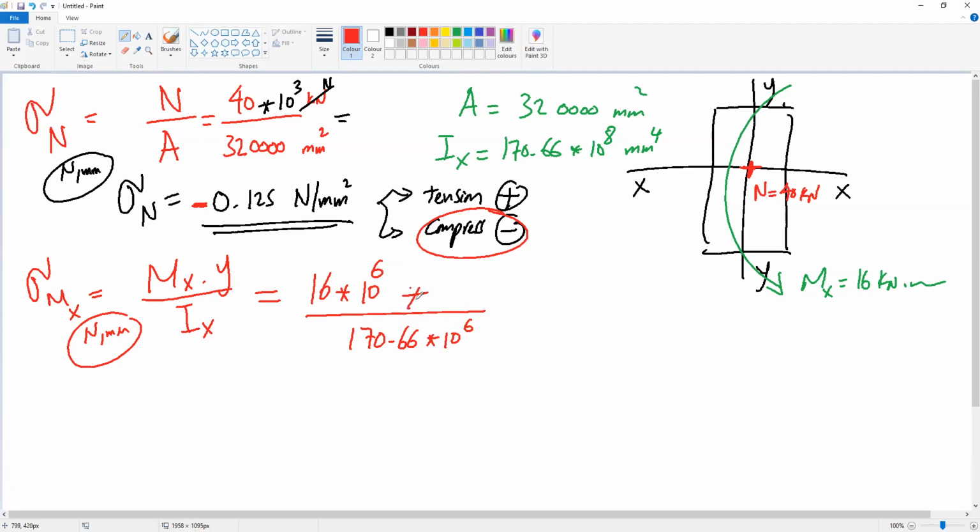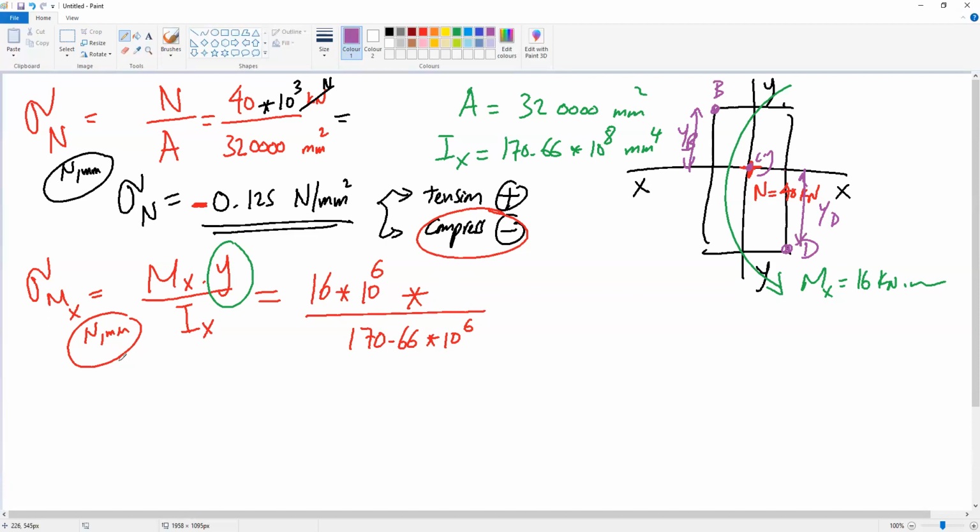What is y? Y is the distance from the CG to the point. If this point is B, this is YB. If this point is D, this is YD. So y is the distance from the point of calculation to the centroid.